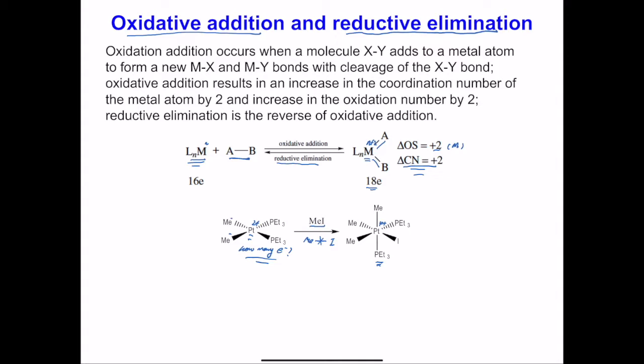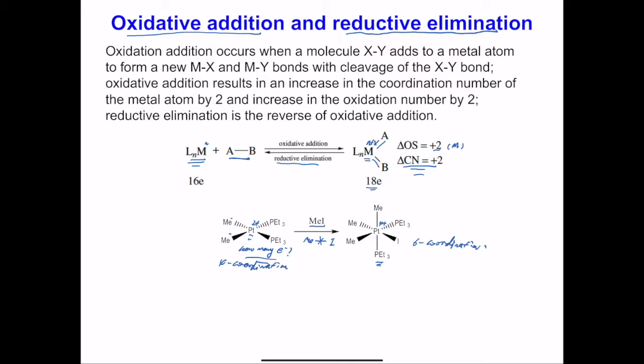Right now it's 6 coordination, and here is 4 coordination. So that's oxidative addition.